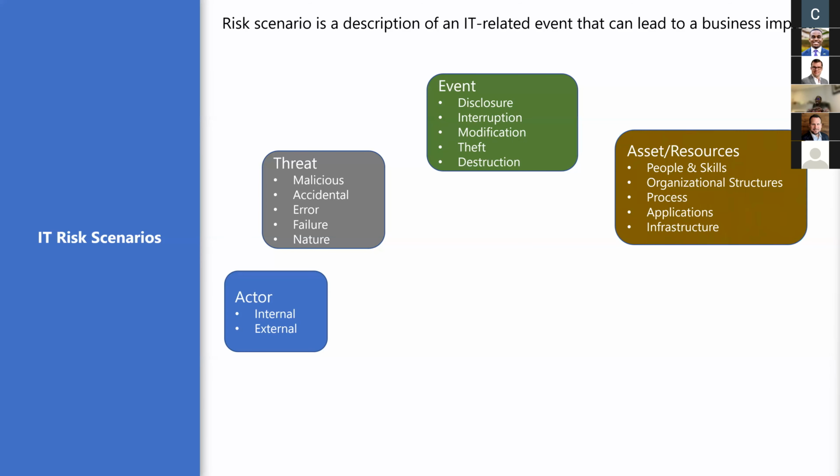But then assets and resources. Just because there is an actor, a threat, and a possibility of an event, is there the skill to do that? Maybe not. I will give you a classic example around those resources. There is no secure encryption algorithm per se. Every single encryption algorithm that we have, including one-ways, is able to be broken.